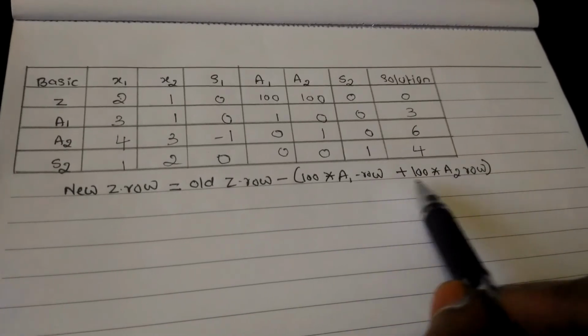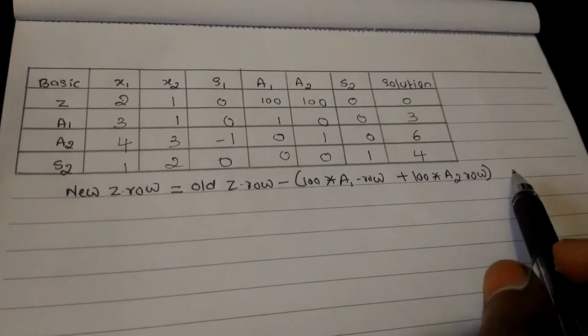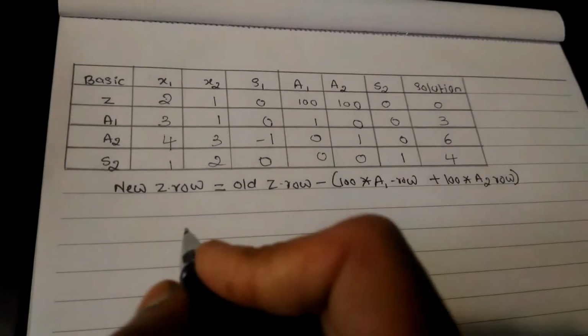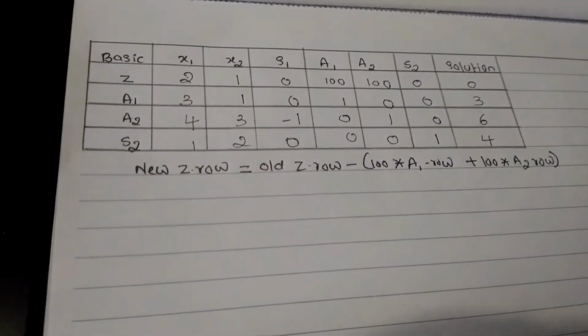100 multiplied by a1 row plus 100 multiplied by a2 row, and plus, in case I have an a3 row, plus 100 multiplied by a3 row. Now let us try to put all the values.